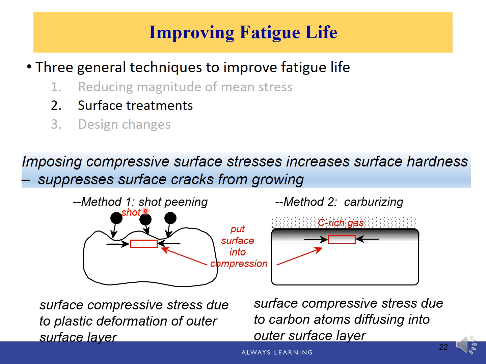For the first method, shot peening, the surface compressive stress is due to plastic deformation of the outer surface layer. And for case hardening, the surface compressive stress is due to carbon atoms diffusing into the outer surface layer, and both will put the surface into compression.